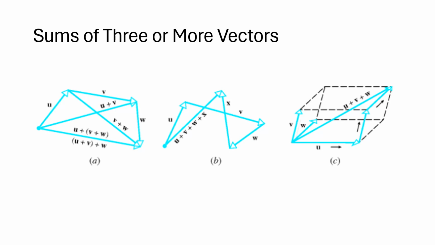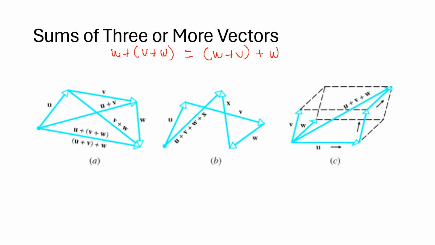In other words, you could have (u plus v) plus w, which is equal to u plus (v plus w). So it follows from this that there is no ambiguity in the expression u plus v plus w, because the same result is obtained no matter how the vectors are grouped.